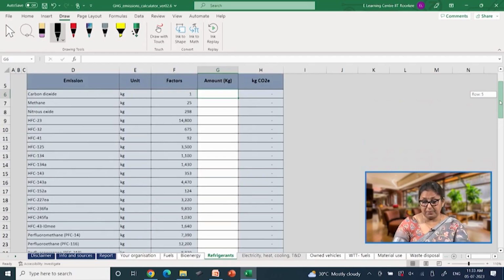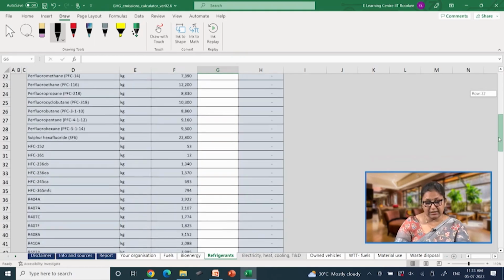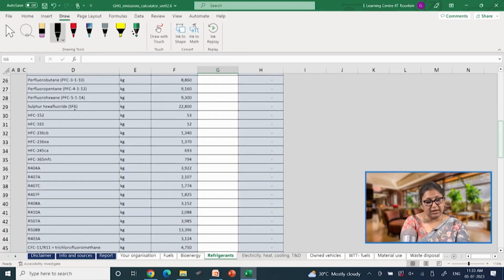Compared to 1 unit of carbon dioxide, we have SF6 sulfur hexafluoride, which has a global warming potential 2200 times that of 1 kilogram of carbon dioxide. So, these fugitive emissions might be very small in quantity, but their potential is significantly higher, and hence there is a specific mention or tab for tabulating, calculating and measuring that.